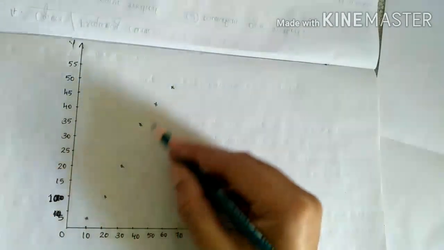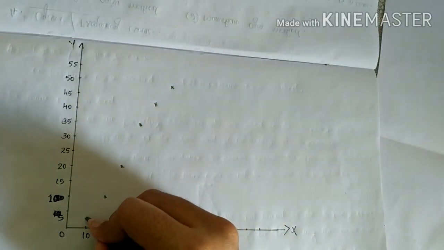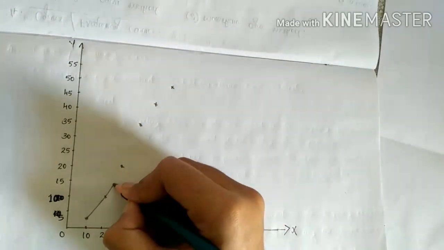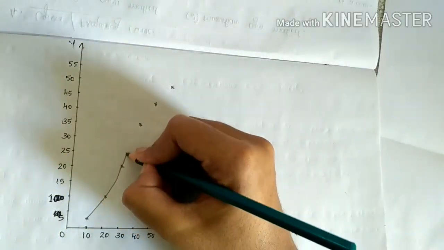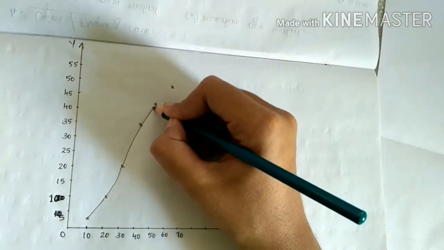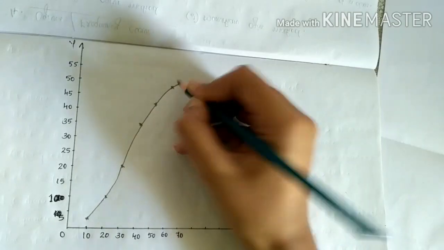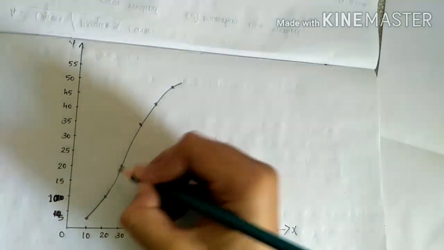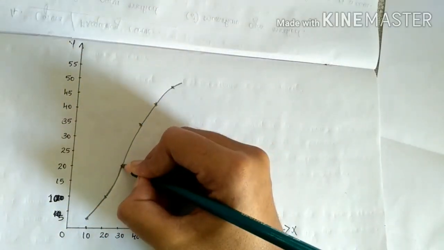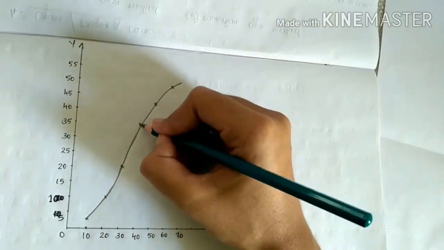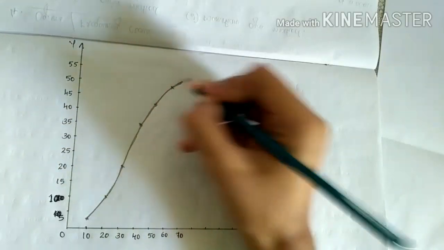So after plotting the whole cumulative frequency of the data, next you have to draw a line using a pencil by hand. So this curve is known as less than ogive or less than cumulative frequency curve.